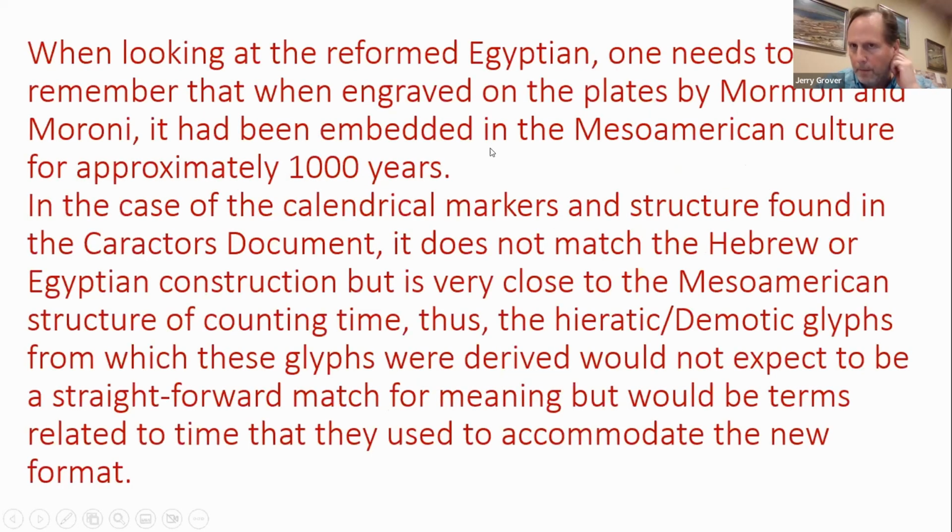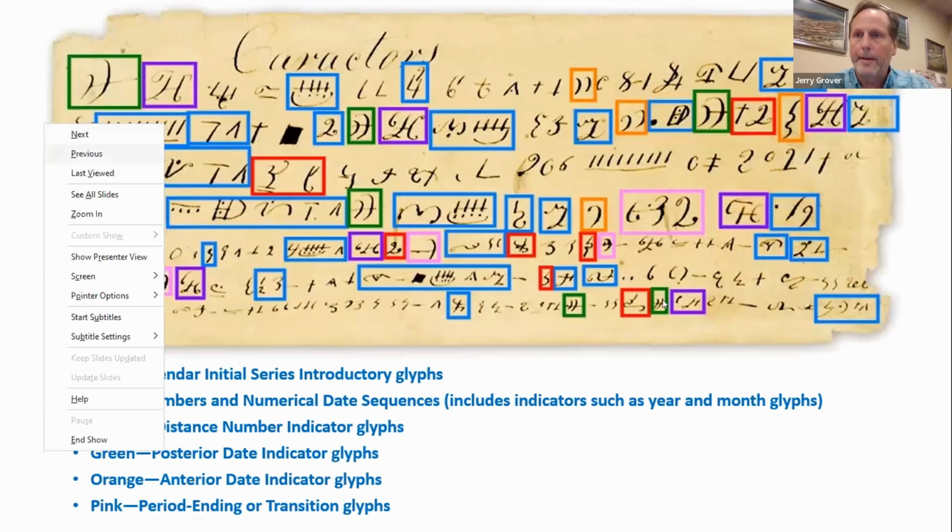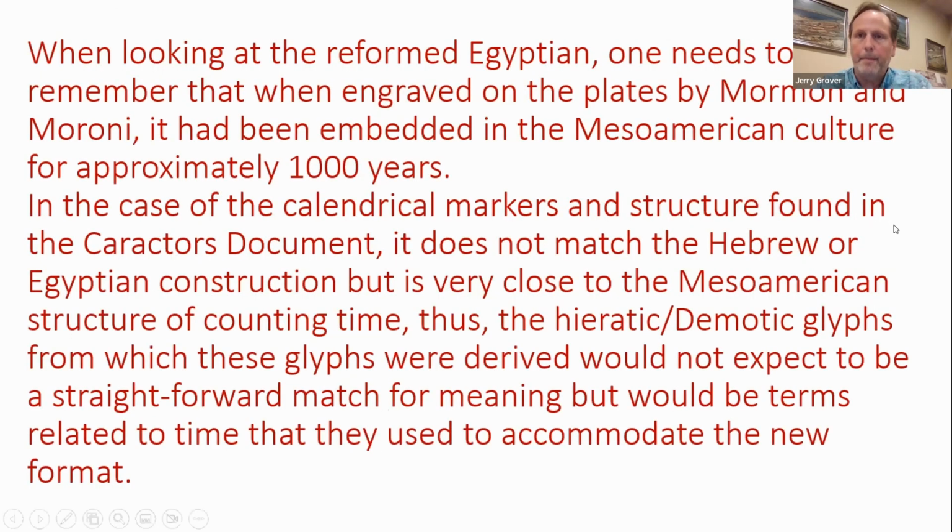Also, when looking at this Reformed Egyptian, one needs to remember that when these were engraved on the plates by Mormon and Moroni, the language had been embedded in Mesoamerica for approximately 1,000 years. That's a long period of time for any language to sit somewhere without some modifications.